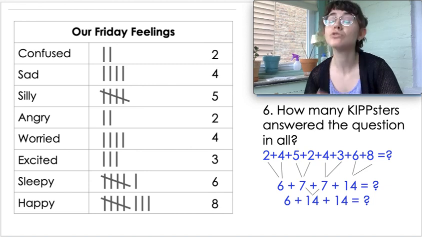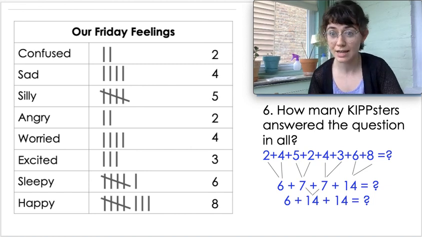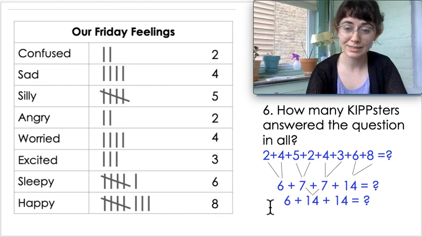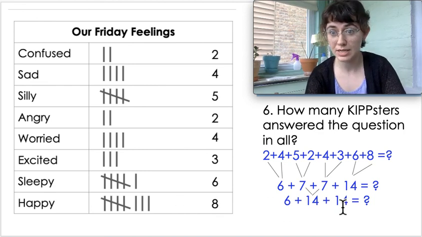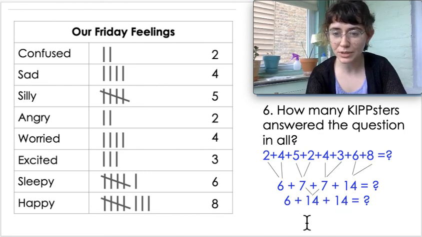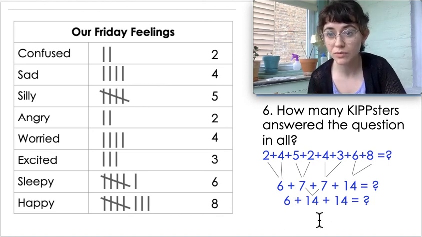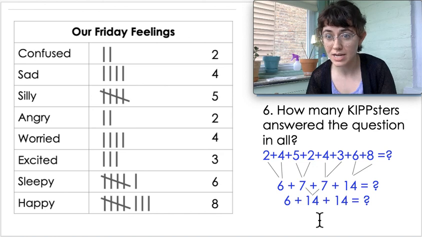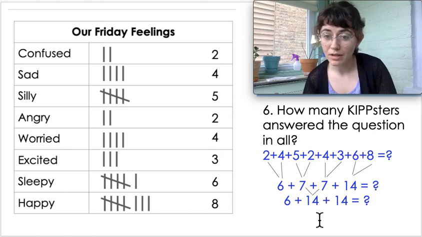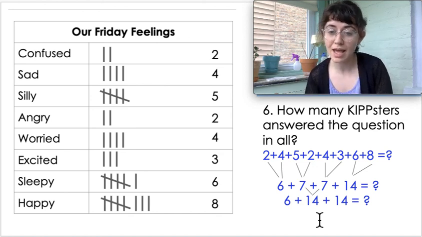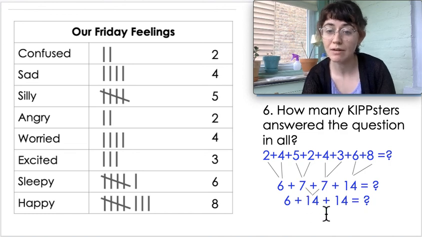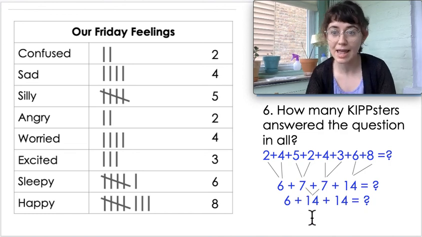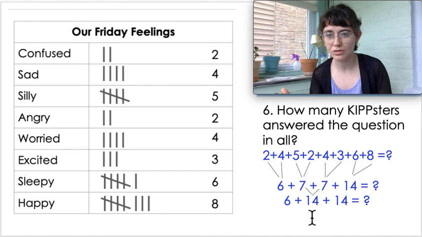Take a deep breath. We're so close to being done, but we're not done yet, so don't give up. We've got 6 plus 14 plus 14. 6 plus 14, if I just zoom in on this part, I know 6 ones plus 4 ones makes 10. So that's 6 plus 4 is 10, and then 14 is 1 ten 4 ones. So don't forget about that 1 ten, but that's basically like having 2 groups of 10.